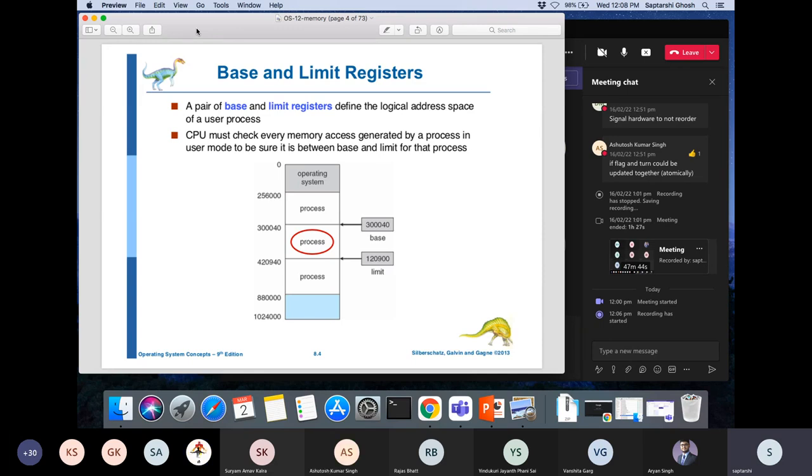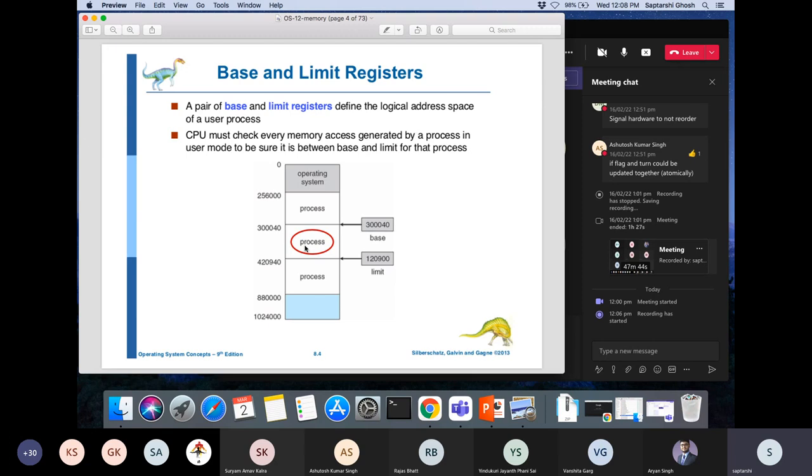For each user process, we can think that we have two registers: a base register which contains the starting address of the part of the memory allocated to this process, and the limit register, which is the size of the memory allocated to the process. So you see the base and base plus limit, these two values here, they define the portion of the memory which this process can access, right?